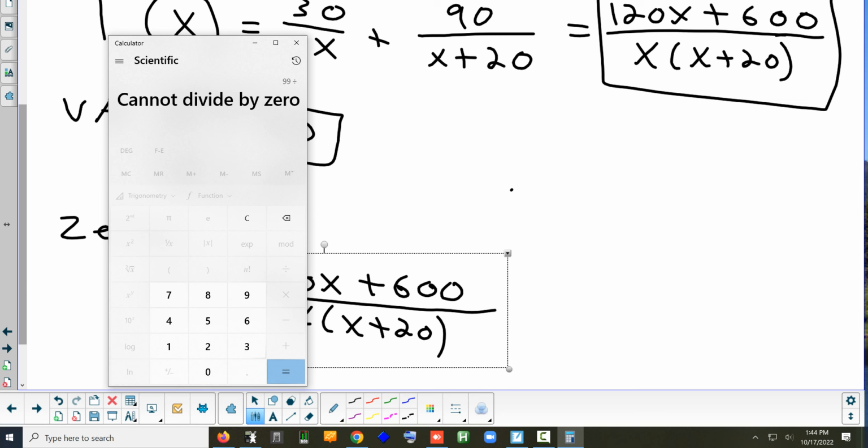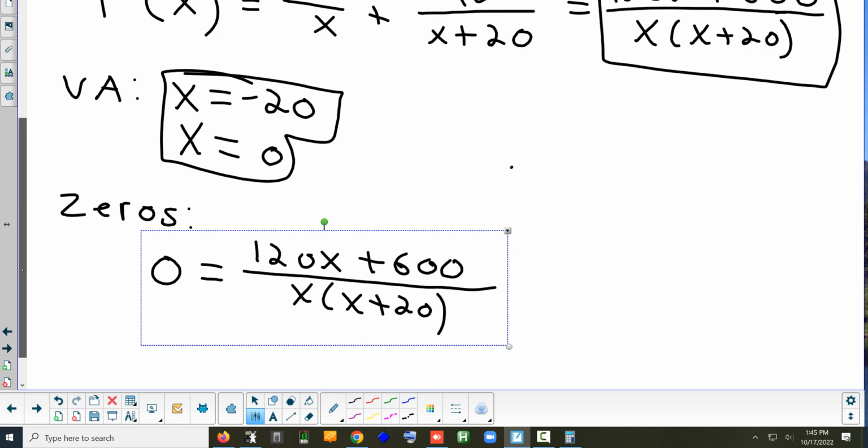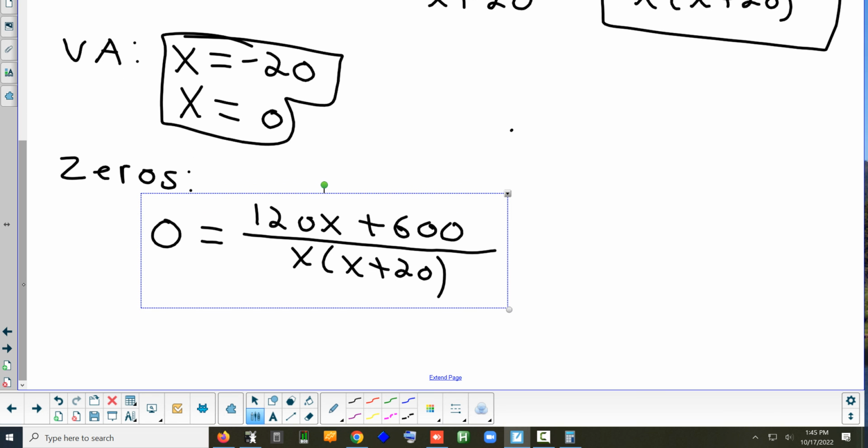If you try to divide by 0, it won't let you. Doesn't the numerator have to be 0 to equal 0? The numerator has to equal 0. Yes. That's the only way you can have a fraction come out to 0, is if the top comes out to 0.